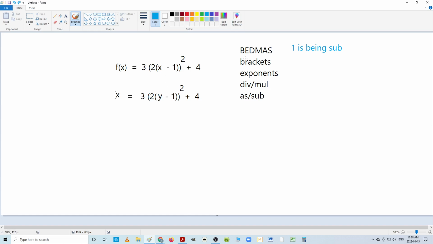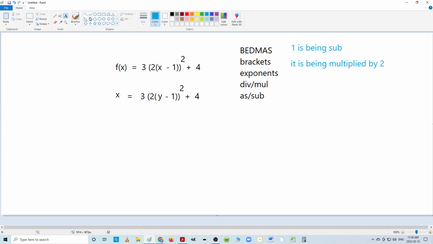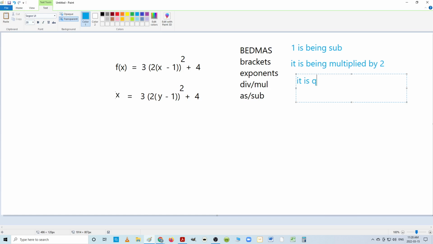So I'm still inside a bracket. And I would say, okay, after I subtract 1 from y, y is being multiplied by 2. And finally, I'm outside the bracket, and I can see now I'm dealing with an exponent before the 3, because we're going in BEDMAS order. And the exponent is, it is squared.